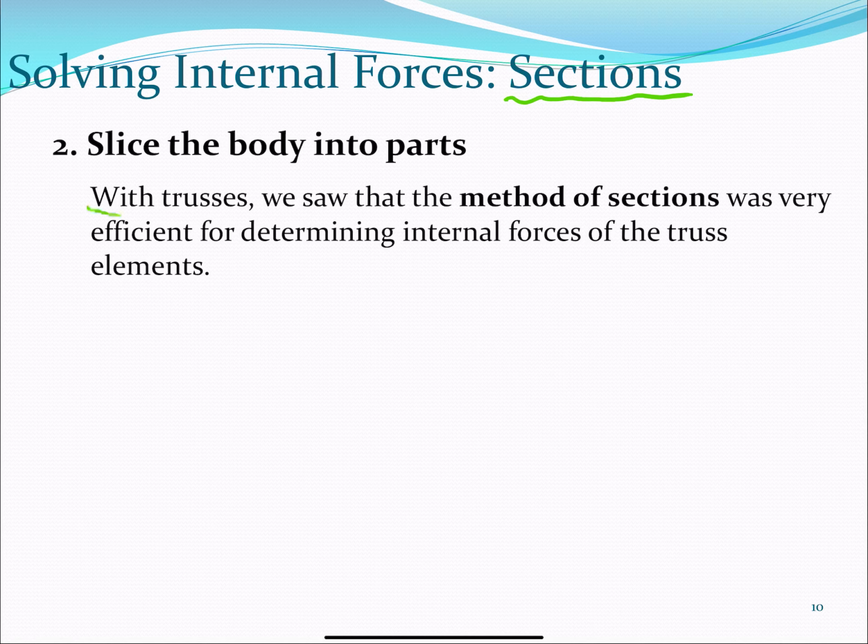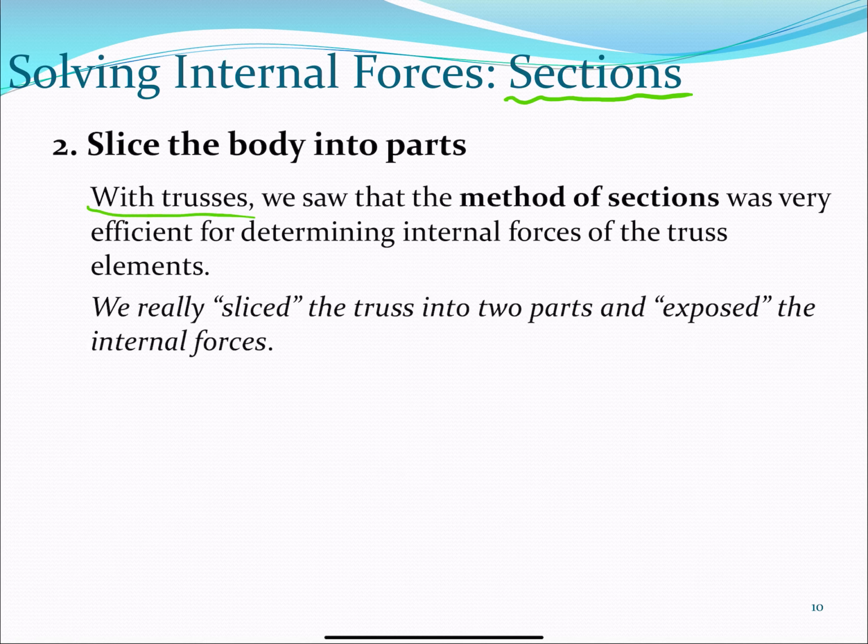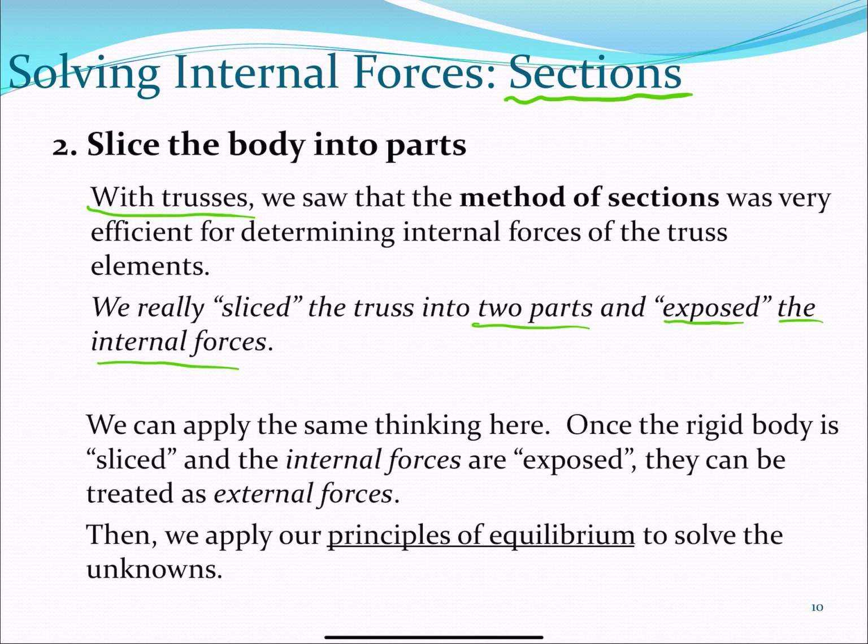With trusses, we saw that the method of sections was very efficient for determining internal forces of the truss elements, right? We really sliced the truss into two parts and exposed the internal forces. We can apply the same thinking here. That's the key.